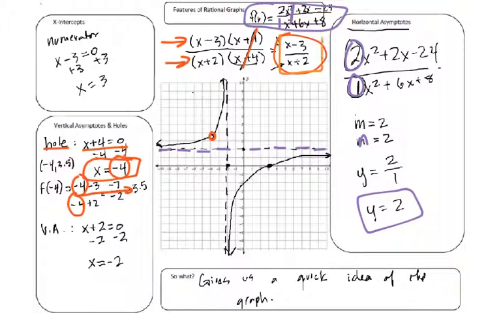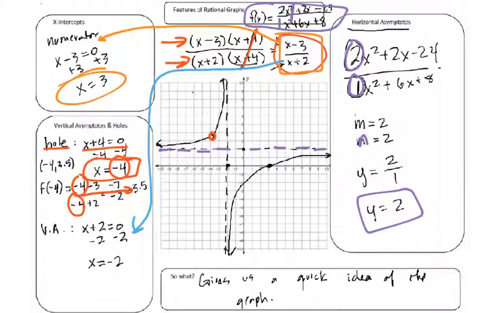So then we take this piece and we split it: the numerator goes for our x-intercept, the denominator goes for our vertical asymptote. Set them equal to 0. So notice we set a lot of things equal to 0 here. x equals 3, there's our x-intercept. x equals -2, there's our vertical asymptote.